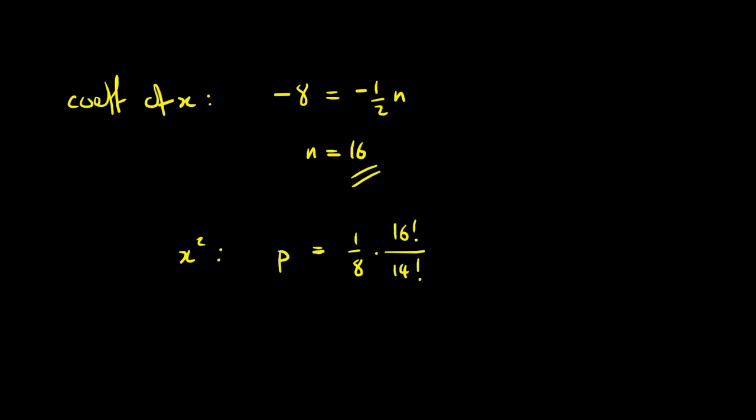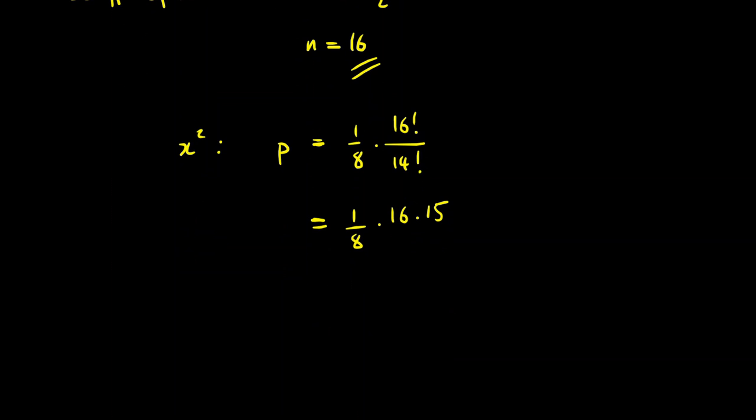And 14 factorial is 14 times 13 times 12 times 11 times 10. So if you do 16 factorial divided by 14 factorial, all the terms are going to cancel off apart from 16 times 15. So this is actually the same thing as an eighth times 16 times 15. Okay, and 16 divided by 8 is 2. So we've got 2 times 15. That's going to be 30.